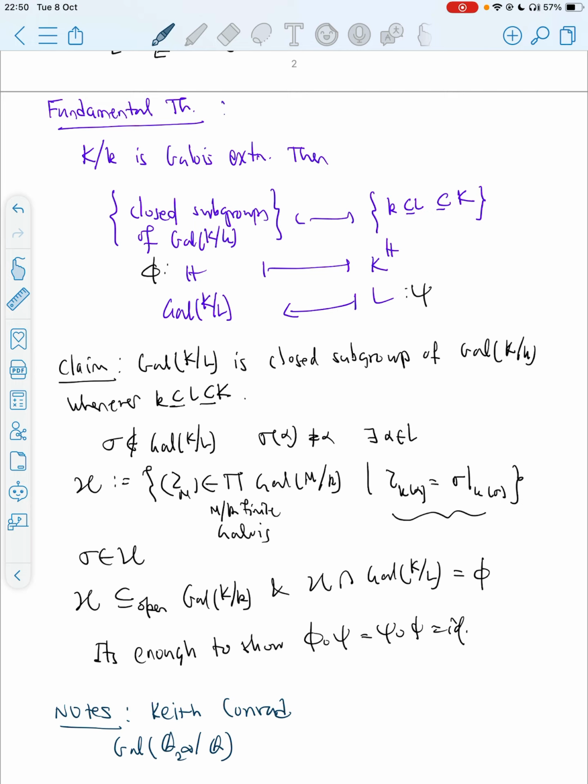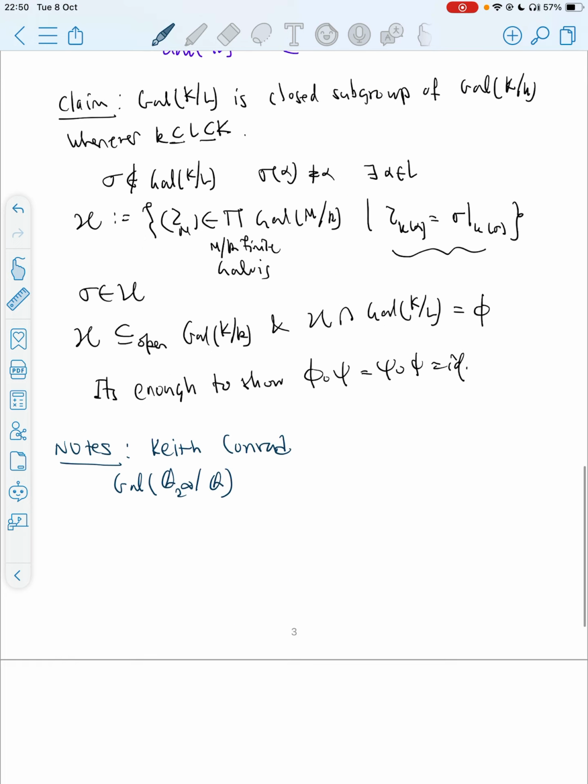So that's not a one-to-one correspondence. And indeed, later he showed that the subgroup generated by that element is not a closed subgroup. So for a counterexample, you can Google Keith Conrad notes on Galois theory.